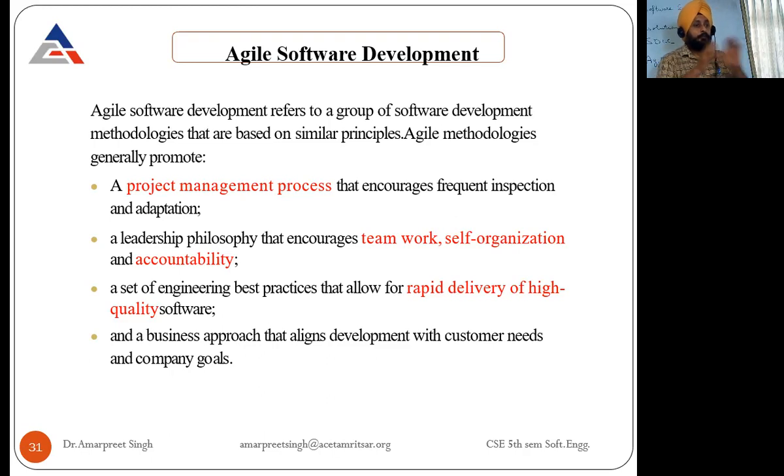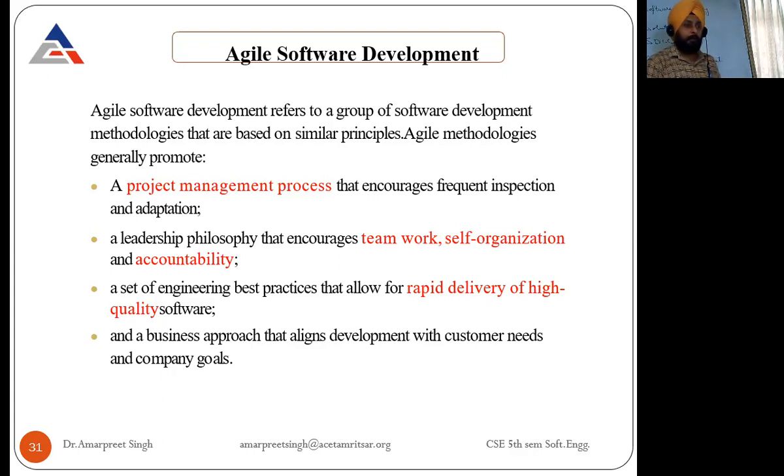To fulfill this need, the type of development required is known as agile software development. It refers to a group of software development methodologies. It does not consist of a single methodology. In agile software development also, there are many methodologies based on similar principles. These methodologies generally promote a project management process that encourages frequent inspection and adaptation.